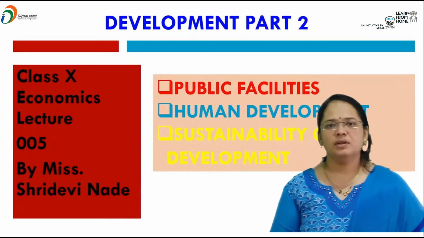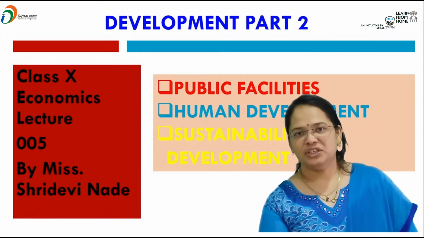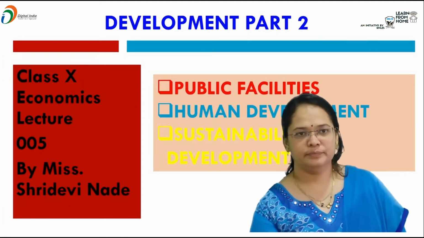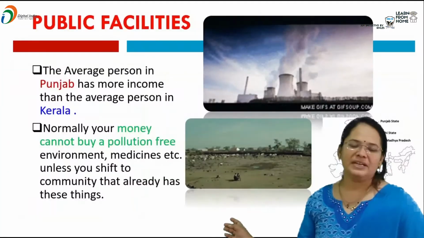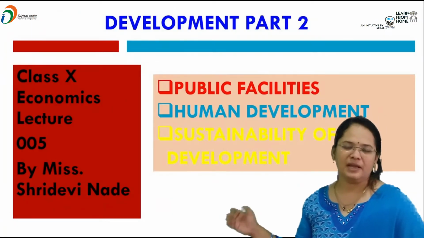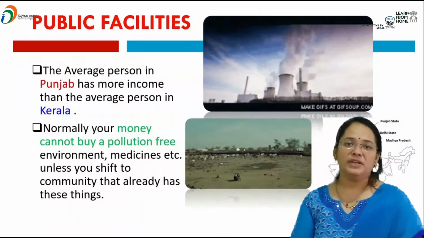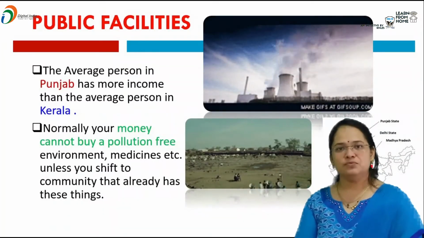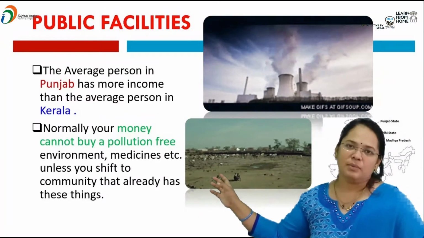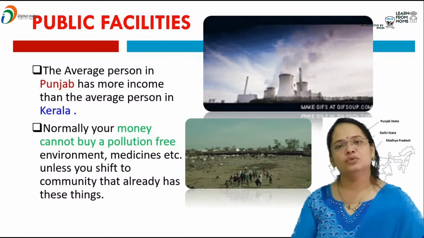These points are all very important, and we will try to understand them keenly here. The health facilities in Kerala are more than in Punjab. Yes or no? When we try to develop, we try to increase the income at average level, but we cannot buy everything through money.